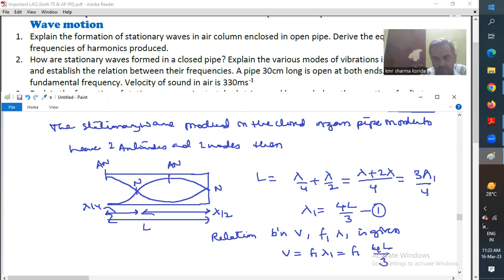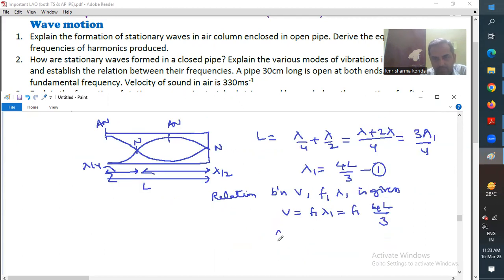This first overtone F1 can also be called the second harmonic. So F1 is equal to 3V by 4L.